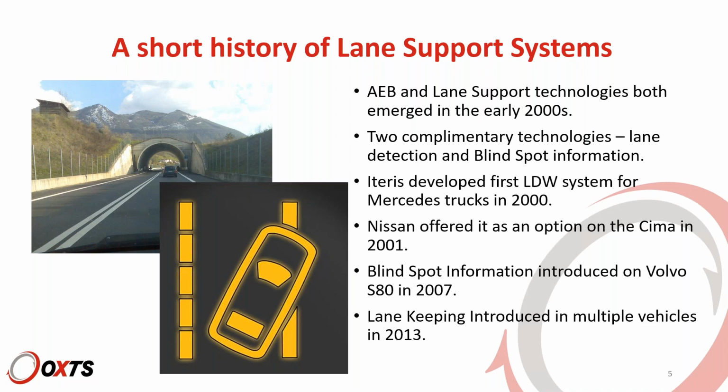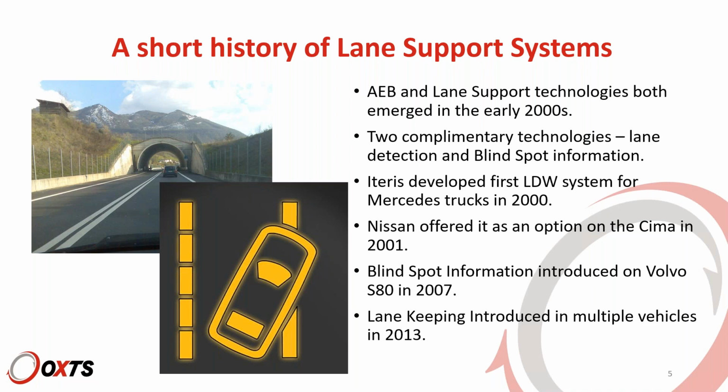But broadly speaking, the sensors and the computing power to do that in real time, coupled with things like drive-by-wire that enabled brake-by-wire and steering-by-wire, all happened to come along at the same time. So just as we saw AEB start to come around in the early 2000s, lane support and blind spot were around at a similar time.